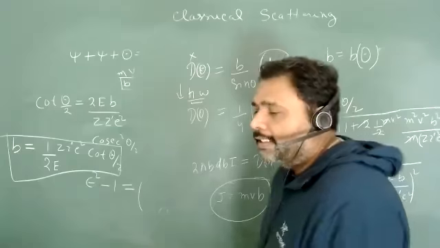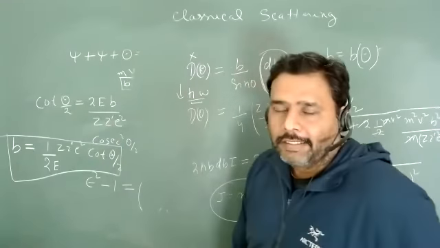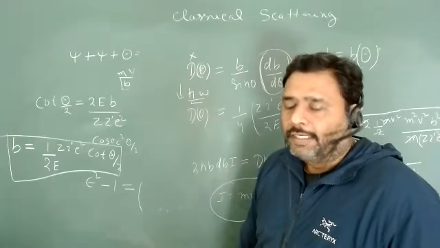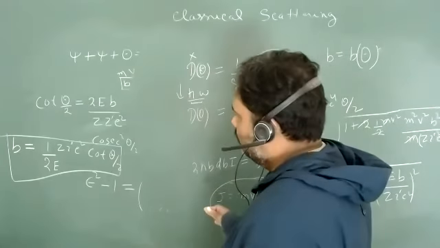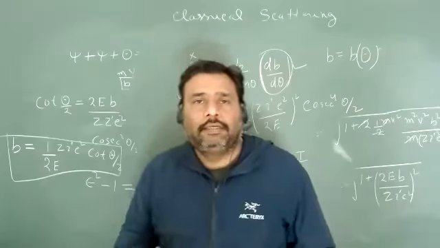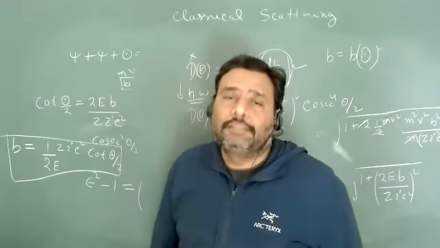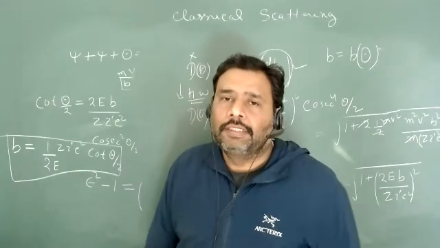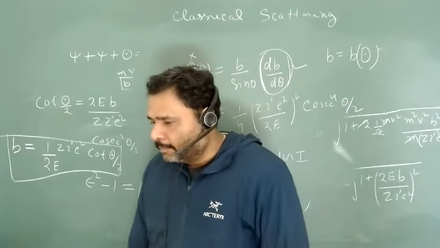Because your angular momentum is conserved, and it has the same angular momentum everywhere. Yes, sir. Okay, so due to mathematical compulsion it is very difficult to write b as a function of theta if you do not have a symmetrical system, a spherically symmetric system. Okay? Yes, sir.